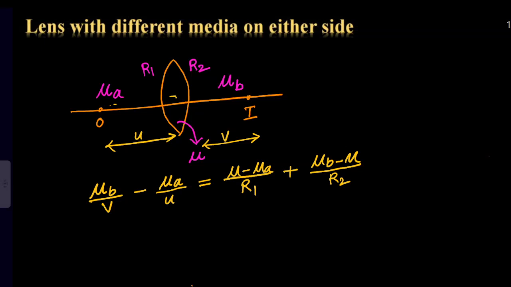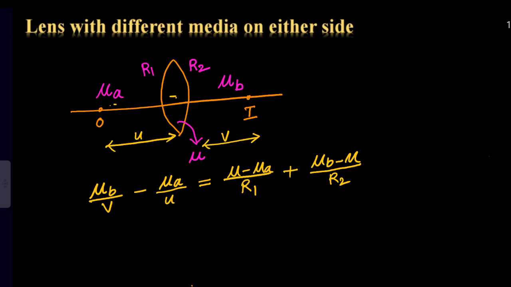But if half of the lens is in another medium, it will behave differently in a sense. Even though half of the lens is in a different medium, we still consider the lens medium refractive index.